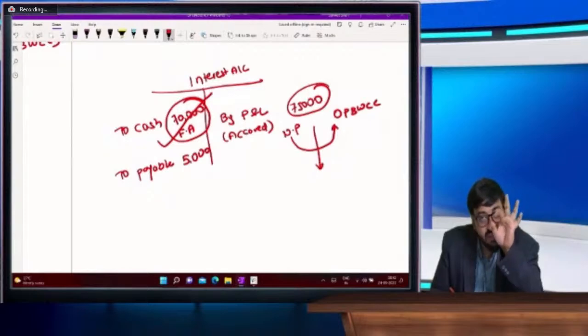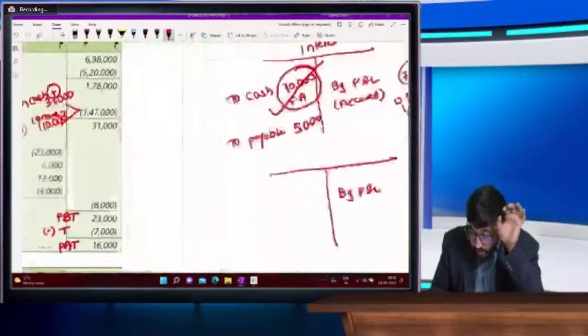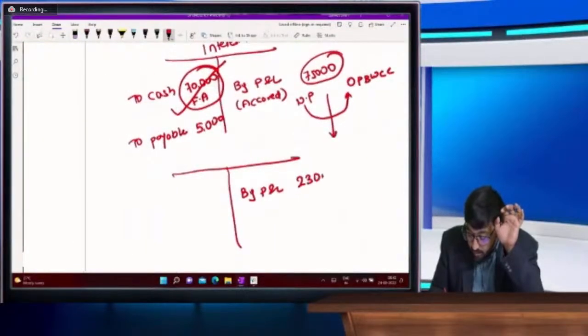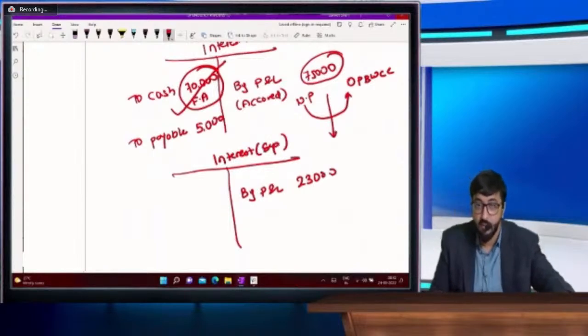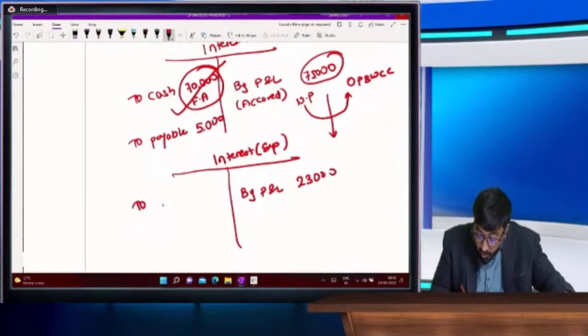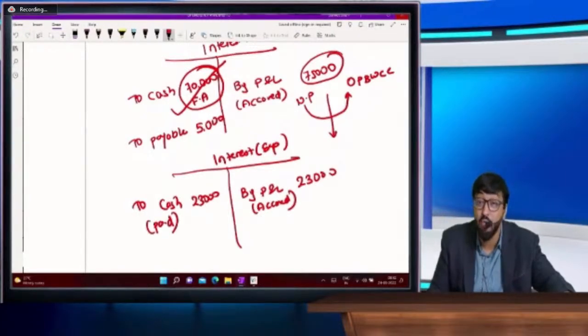Vidya ji, the reason is very simple. But now in this question, by P&L, this is accrued. This is also 23,000. So focus on your ledger account. The cash flow statement focuses on cash. And here, this is actually accrued and this is actually paid. But ICAI has given you the hint that accrued is equal to paid.